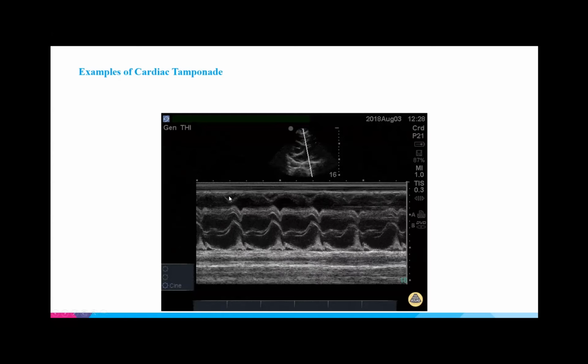So the fact that the wall is moving inward as the anterior leaflet is moving to the septum, that's abnormal, and that's indicative of tamponade. So if you're not sure, you can always add M mode to look at it over time. It's more of an advanced echo move, but it can be done at the bedside readily and give you a little bit more evidence and assurance that what you're seeing is abnormal.